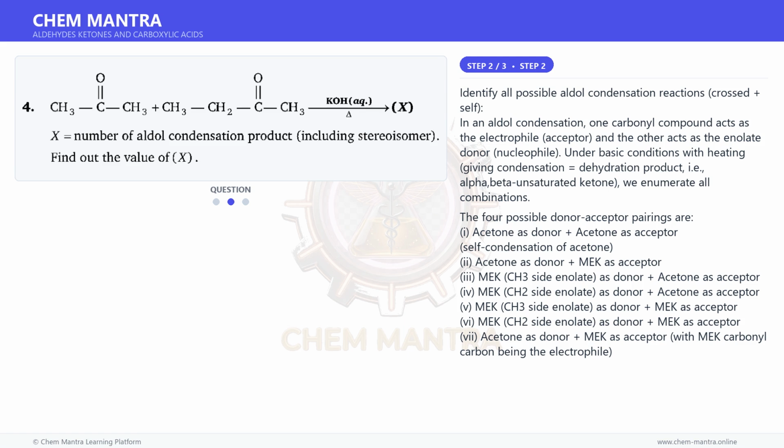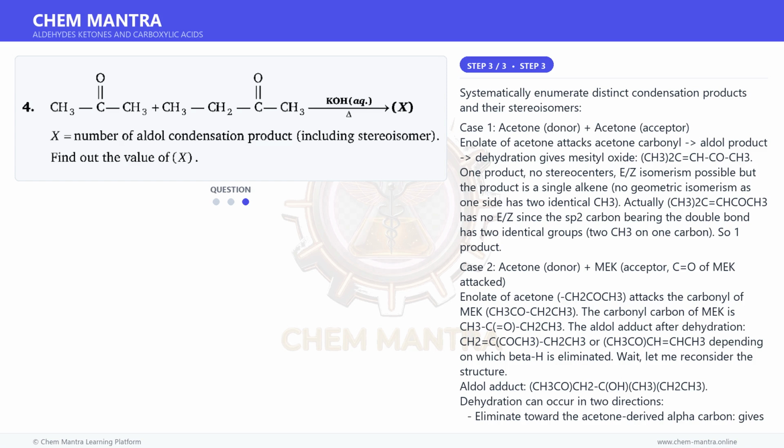MEK, CH3 side enolate, as donor plus MEK as acceptor. 6. MEK, CH2 side enolate, as donor plus MEK as acceptor. 7. Acetone as donor plus MEK as acceptor, with the MEK carbonyl carbon being the electrophile.